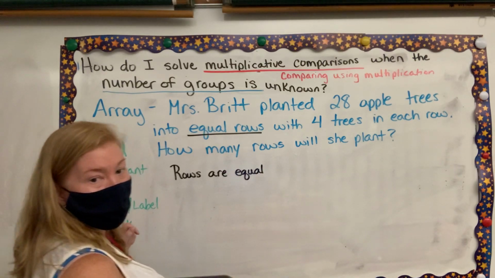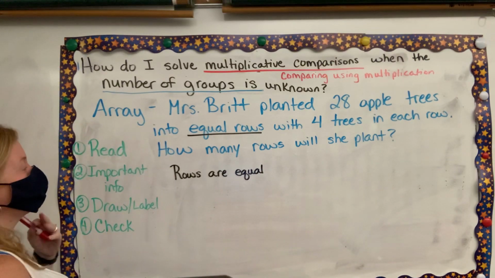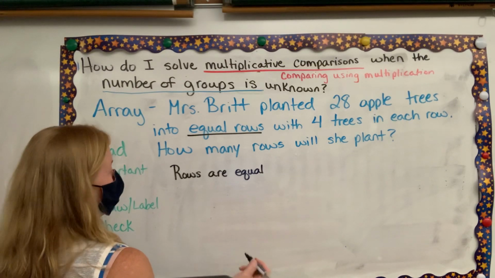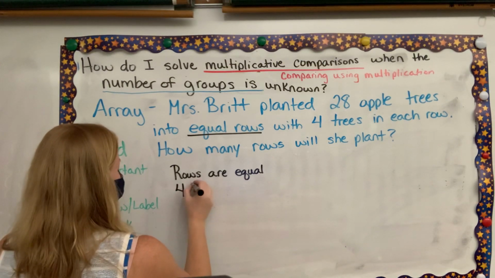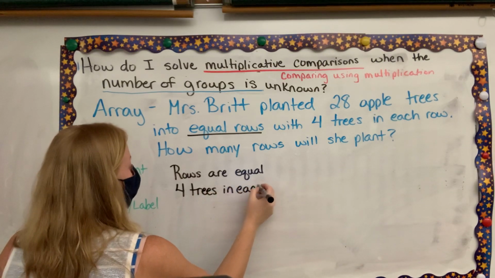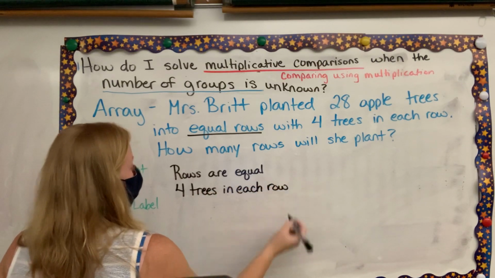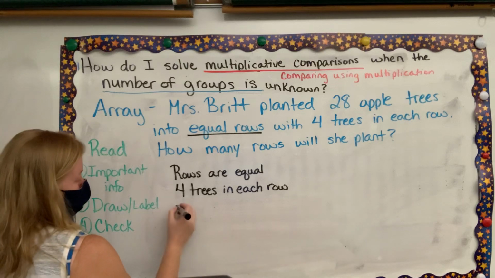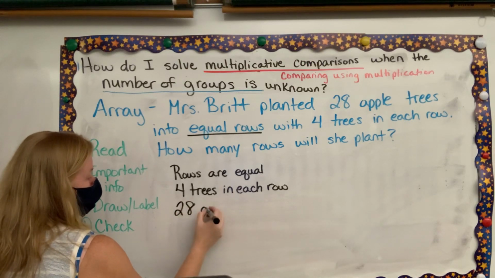Somebody else, let's go. 4 trees in each row. Someone else? Jessica. There's 28 apple trees.